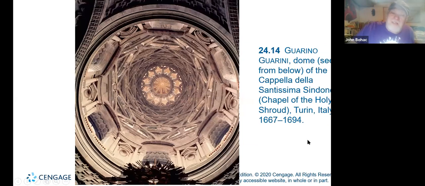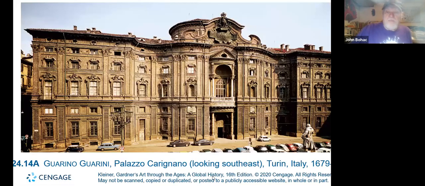And so other architects existed too, but wasn't Bernini doing everything, or Borromini for that matter. All kinds of variations, all kinds of breaks from the high Renaissance, from ancient Greece and Rome.